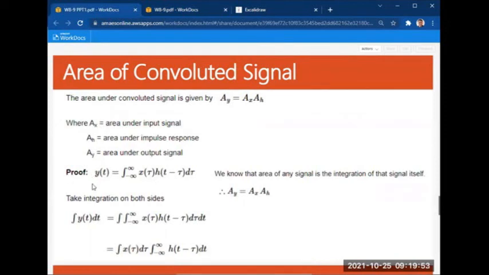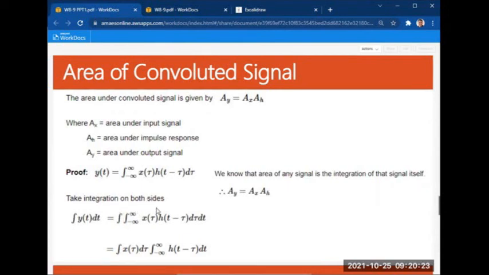From the working equation of our convolution, where y of t is equal to the integration of x of tau h of t minus tau d tau from -infinity to +infinity. So area is integration, right? If we integrate y of t dt, we are taking the area of the output. So we will integrate both sides.